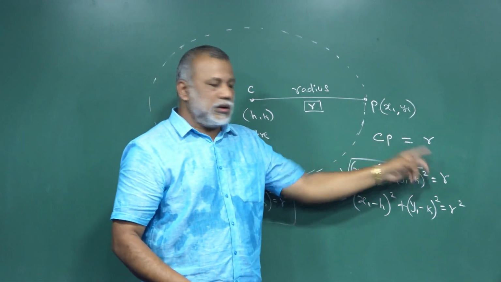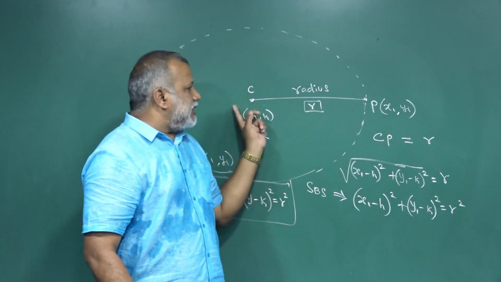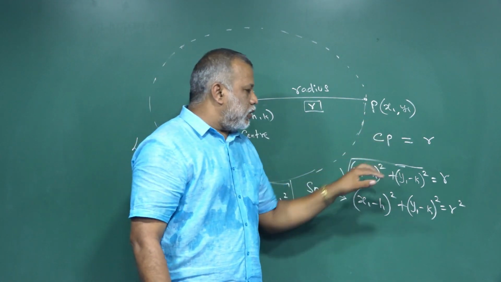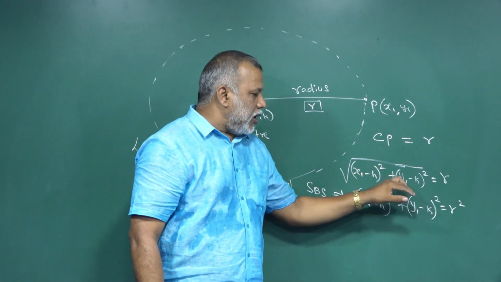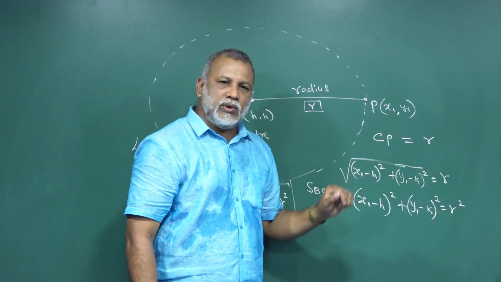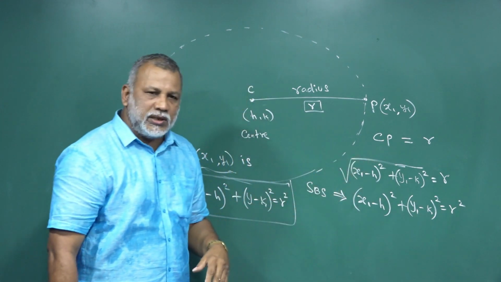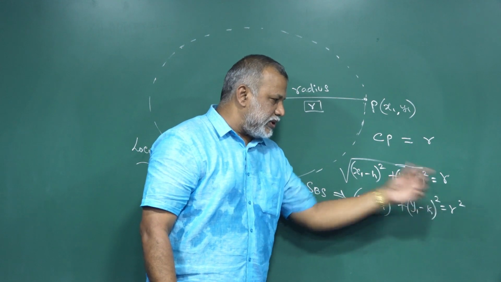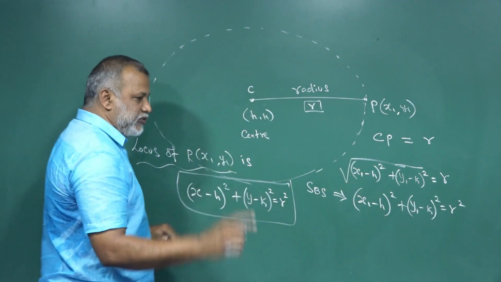CP equal to R. What is the meaning of CP? It is nothing but the distance between 2 points. Use the formula: square root of x1 minus h the whole squared plus y1 minus k the whole squared equal to R. Removing the root, squaring both sides, x1 minus h the whole squared plus y1 minus k the whole squared equal to R squared. Now listen carefully.